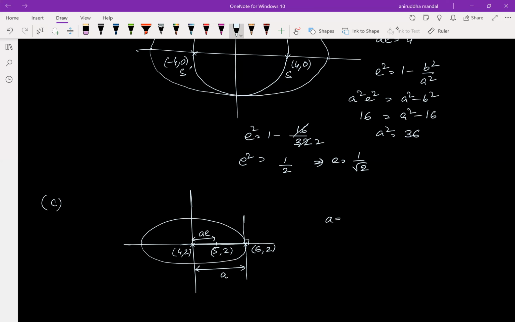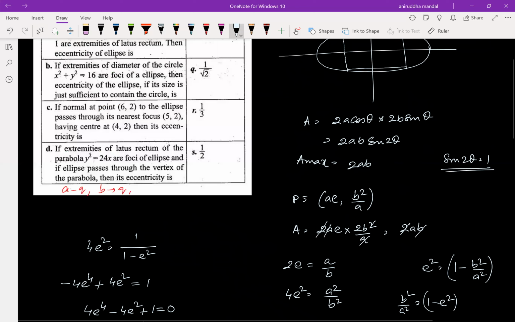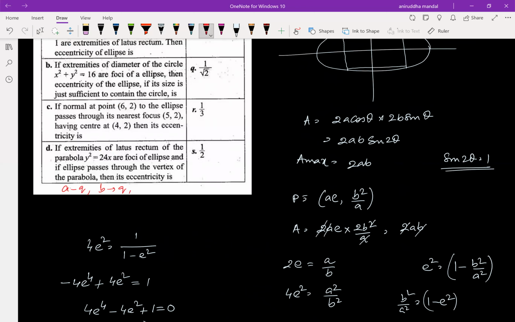A means this is 2, and AE means 1. So we just divide this, and we can find E as half. So C is true. C is true.